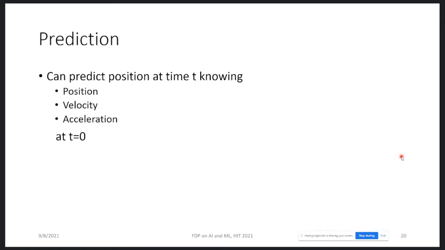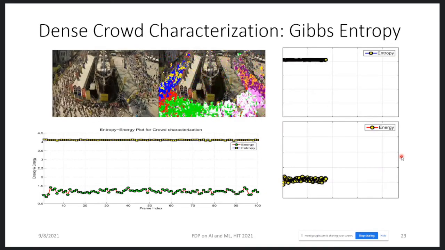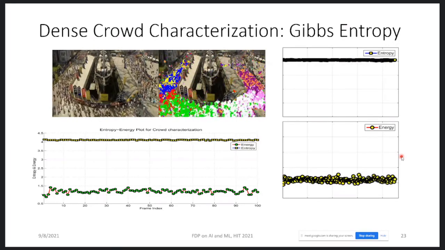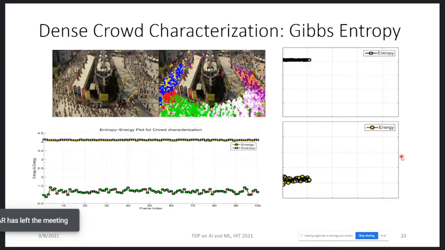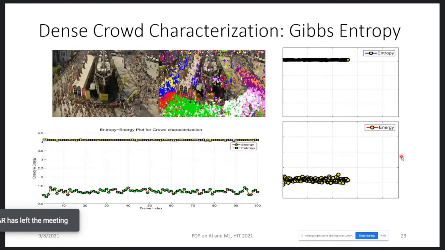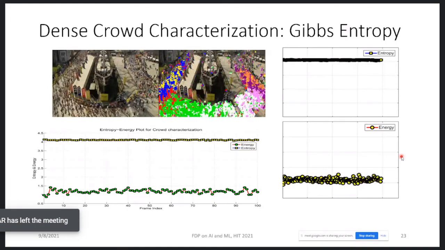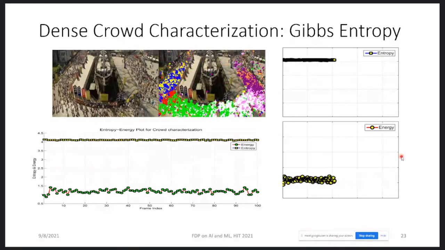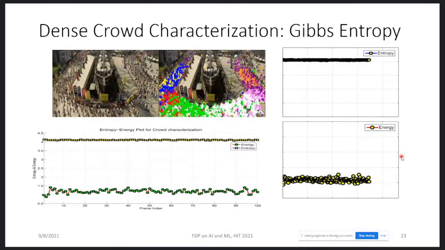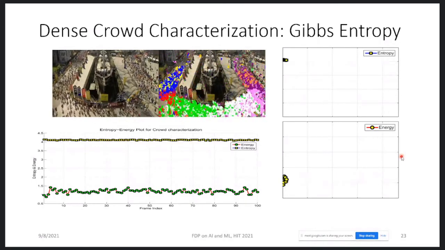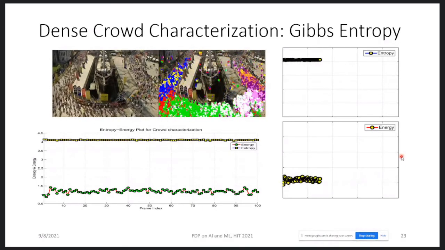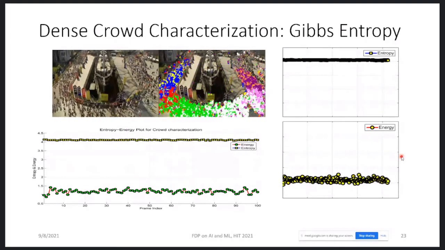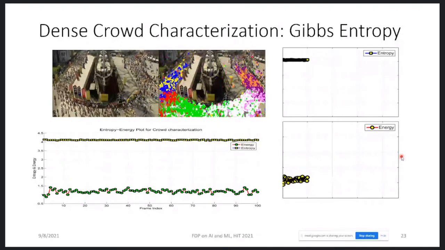Let's take this example, which is a dense crowd scenario, a marathon scene. We actually applied Gibbs entropy. I'm not going into the formulation of all these things. When we applied Gibbs entropy, we found that the entropy is almost constant, even though it's a little higher, and energy is lower, but there are some fluctuations in the energy.